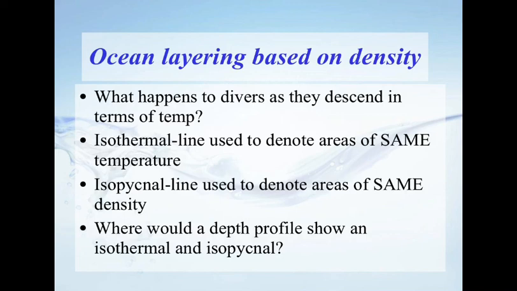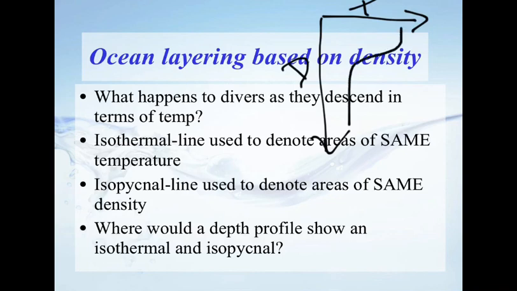So if we're looking at a depth profile, we can now label most parts of it. Let me go back. We'll put it right on top. Do temperature and depth. Let's say we have a low latitude curve where it starts warm and gets cold. We've been labeling the cline before. We'll do it here.